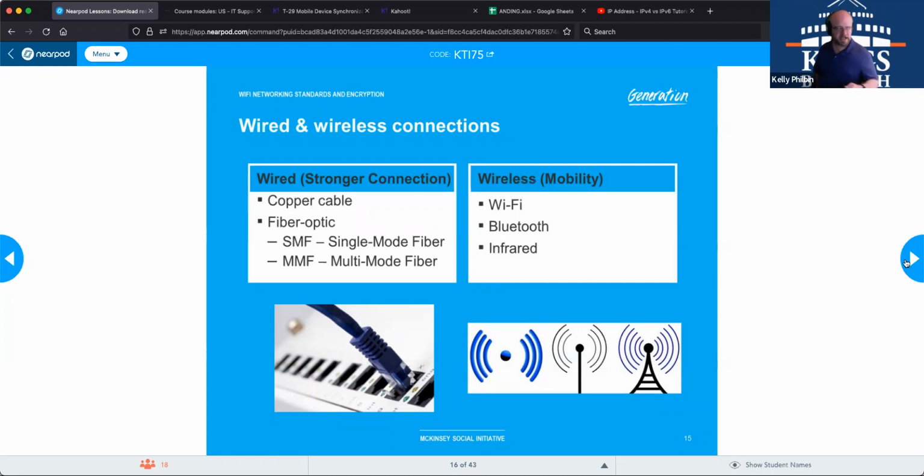Again, on the wireless side, we have Wi-Fi, Bluetooth, and infrared. Although infrared is a legacy technology that is pretty much just going away, it still has some limited use currently. Although even in its biggest market of remote controls, even those are converting more to Bluetooth technology rather than infrared.